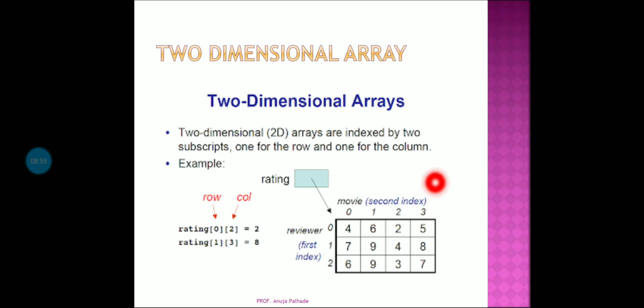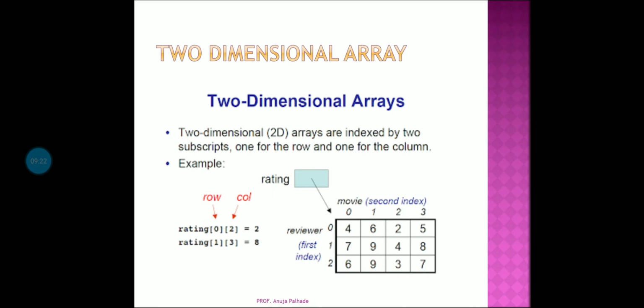So how can I refer to this number 9 here? The name of this array is rating. Okay, rating of 1 of 1 means 1st row and 1st column for 9. How can I say for this 5? For 5, it is rating of 0th row and 3rd column, 0 of 3.